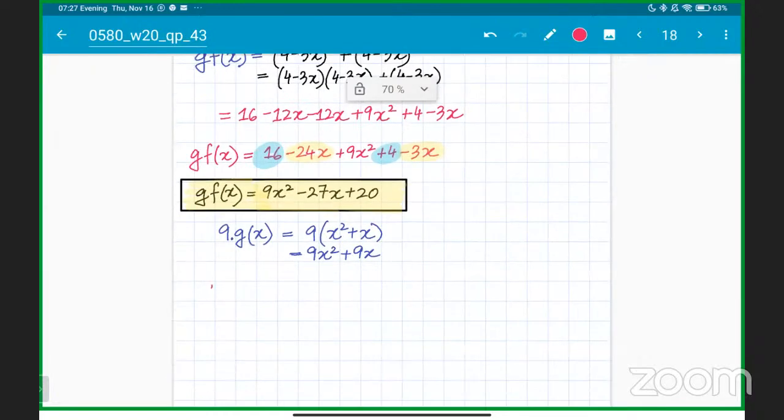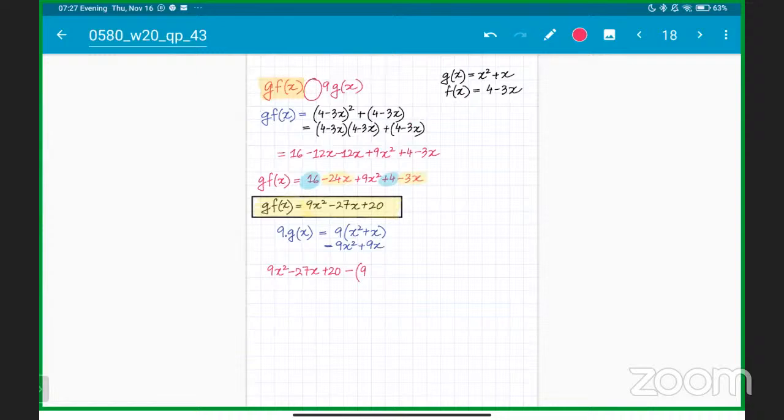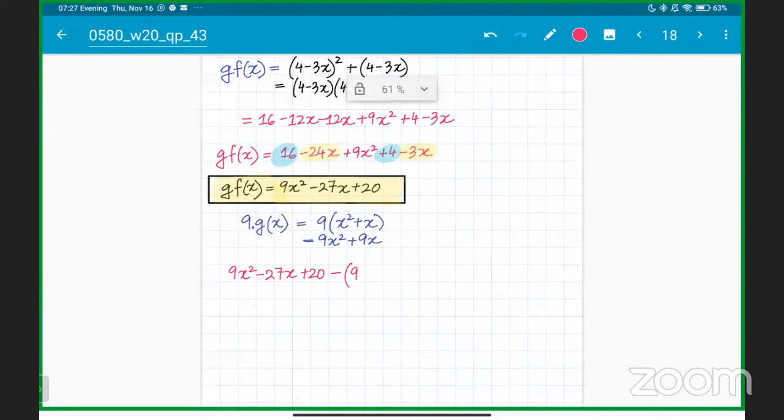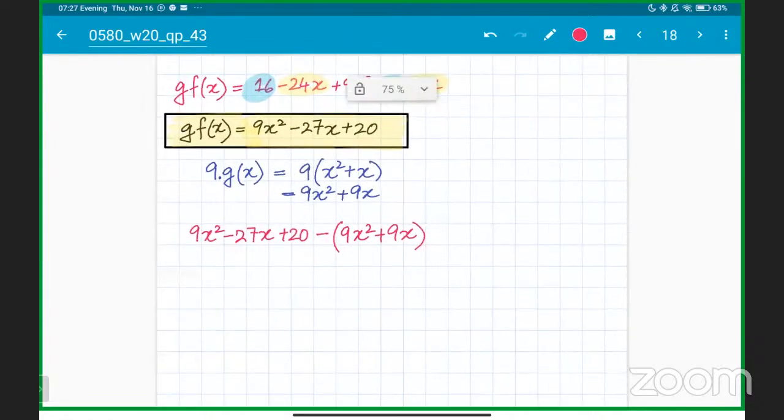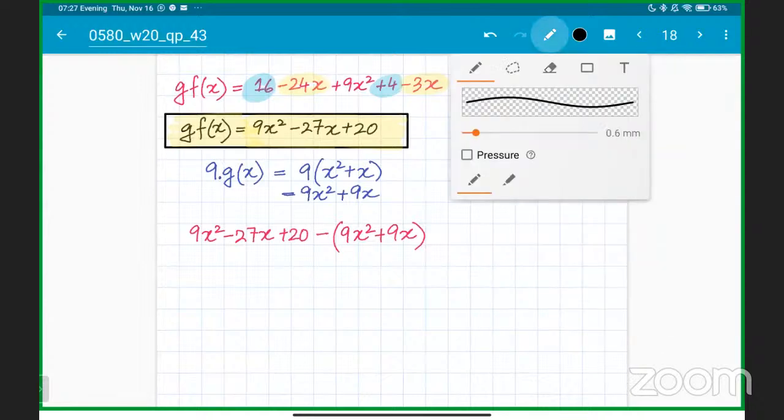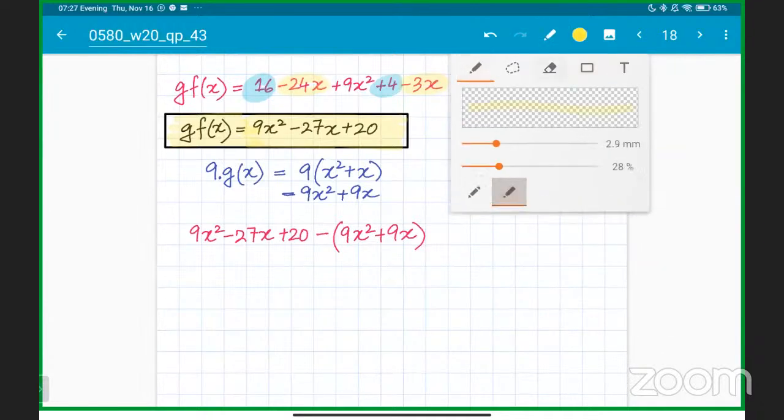So it will be g(f(x)), 9x squared minus 27x plus 20, minus bracket. Make sure the minus sign is there, so you put the bracket as well. So here we go, 9x squared plus 9x. When you lift the bracket, minus 9x squared and minus 9x. So 9x squared will cancel out with the minus 9x squared.